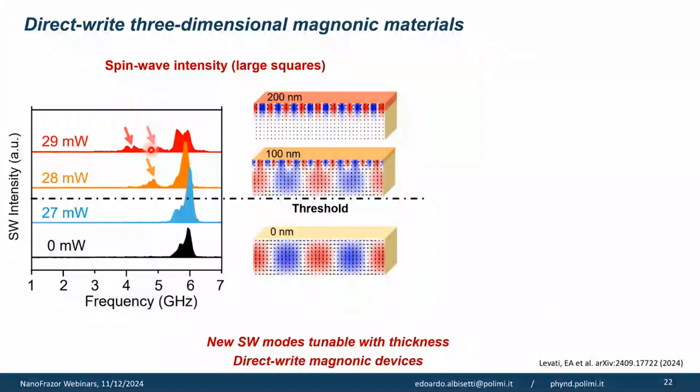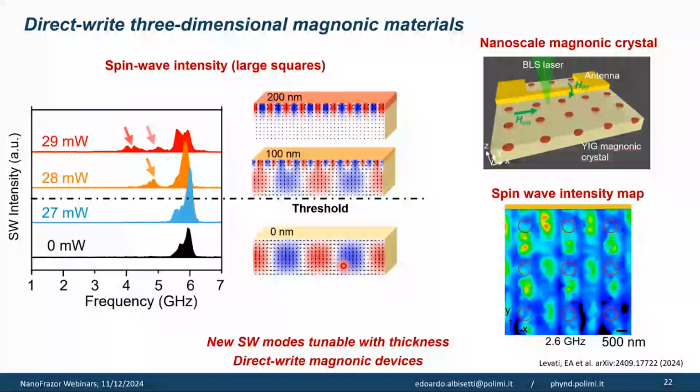And if you go to slightly higher power, with the thicker transformed layer, then you have more peaks that are related to other spin wave modes that travel within the volume of the material, which has now increased from 100 nanometer thickness to 200. So you have more spin wave modes. And so you have a way not only to control the spin texture, but also to control the dynamics and induce new spin waves within the material.